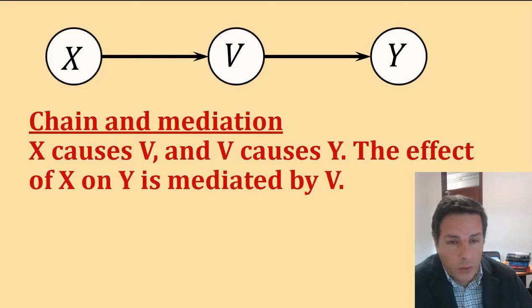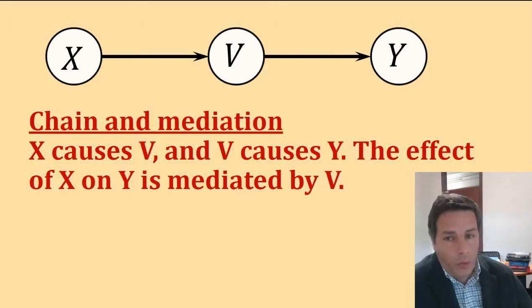So let's say x causes v and v causes y, and that's a fully mediated effect. That means that the effect of x on y is because x produces a change in v, and that change in v produces a change in y. There is no direct connection between x and y.